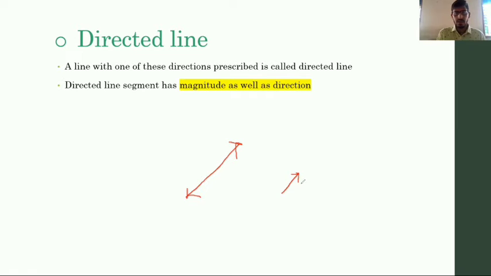So a directed line segment has magnitude as well as direction.